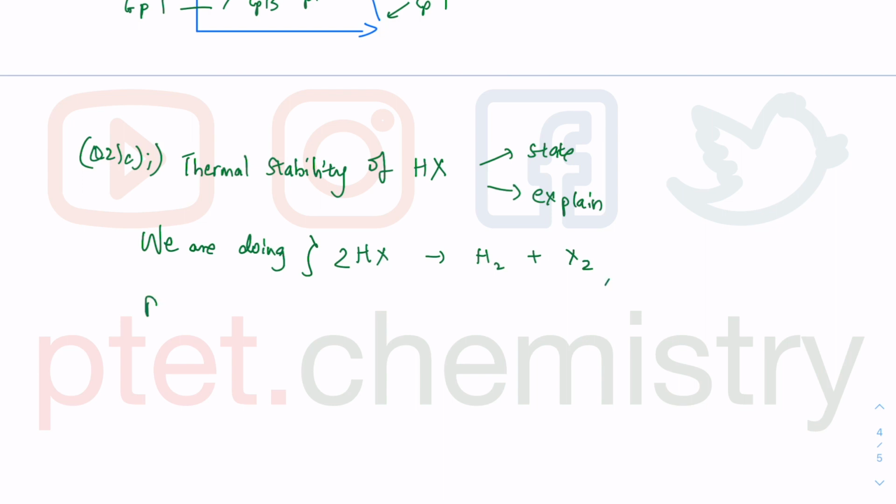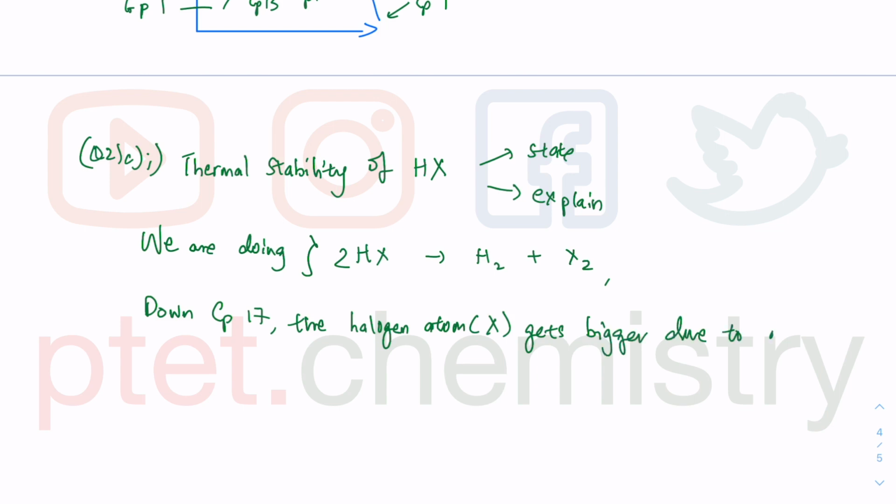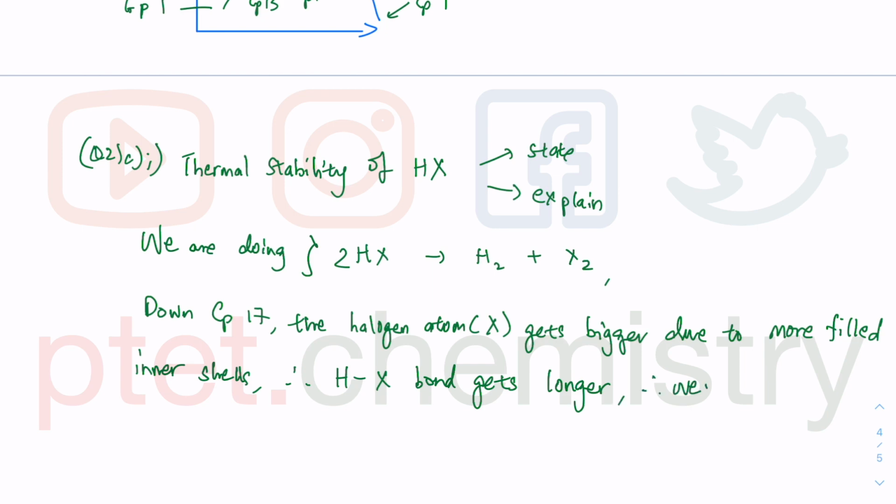So down group 17, the halogen atom X gets bigger as you have more filled inner shells, therefore a bigger radius because of the bigger size. So the HX bond gets longer, and it's stated in the syllabus that a longer covalent bond means a weaker covalent bond.